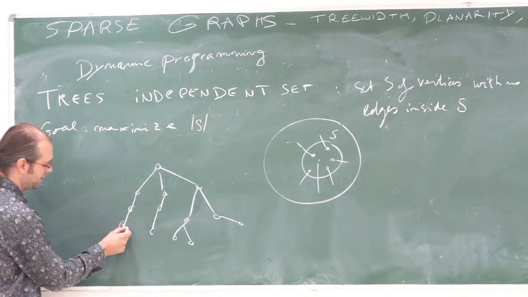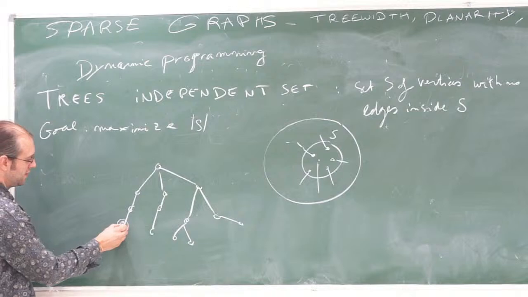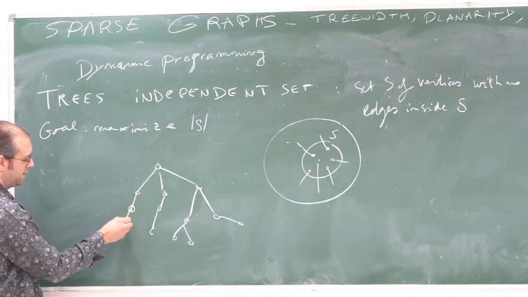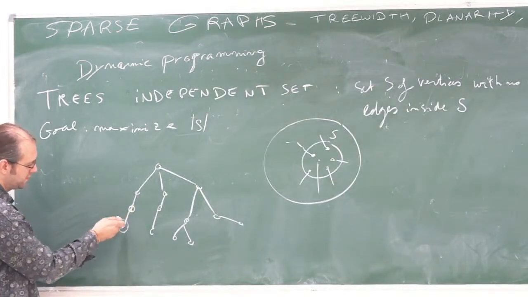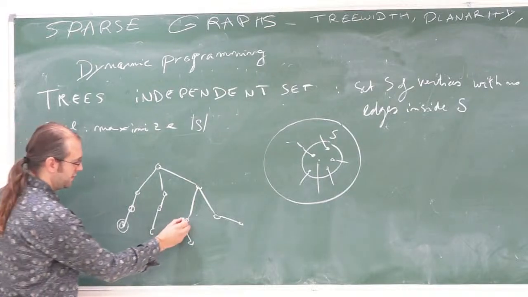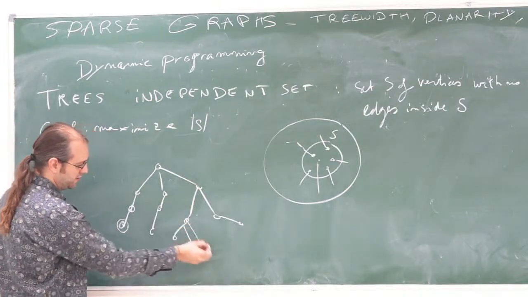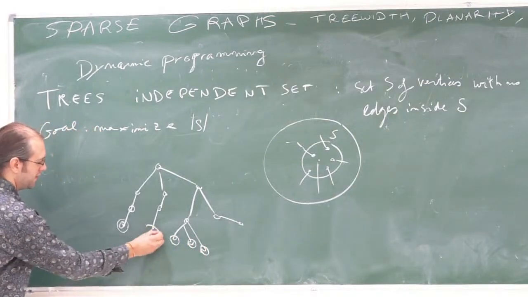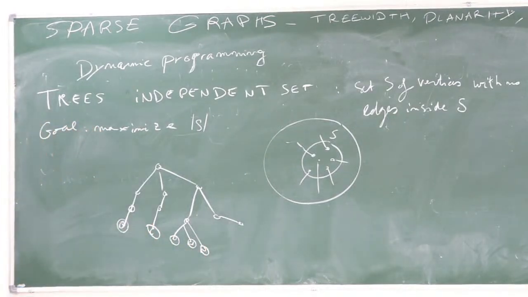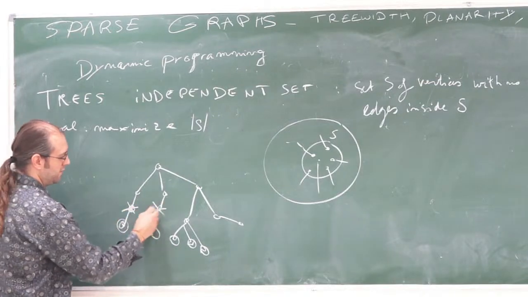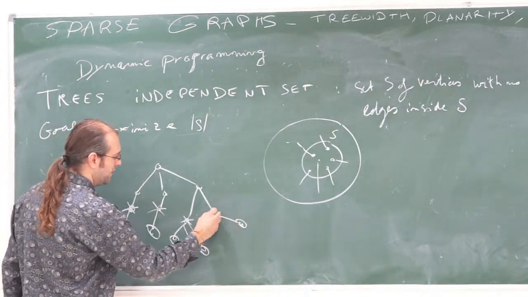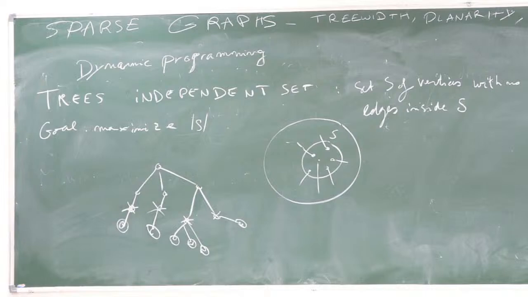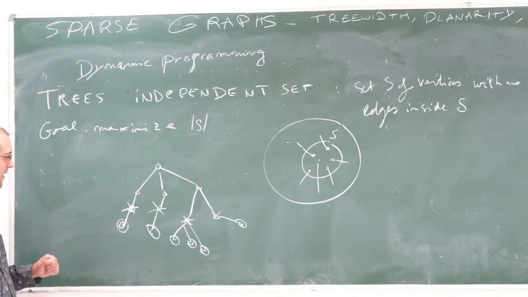You could take the leaves, because if you had taken the father of a leaf, you might as well take the leaf. There is no benefit of taking the father, especially when there are several leaves, it's even more visible. You take all the leaves, and then you can't take the father, you don't take it, and then you recurse. So this is a very simple greedy algorithm.